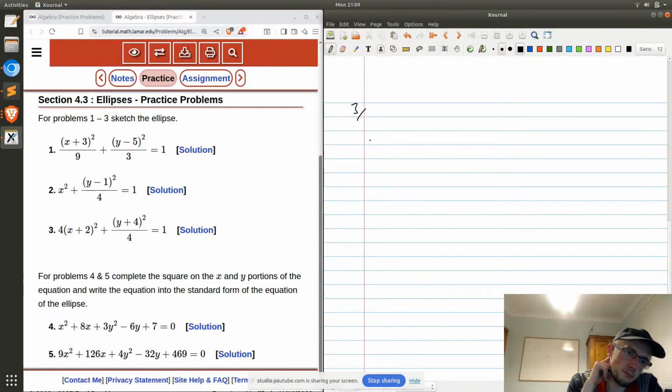Well, it has a multiplying factor of 4 in front. So what does that mean? That's the same thing as dividing by a quarter. So if I were to put it in fully standard form, a quarter would be on the denominator, but then in real standard form, it would be a half squared.